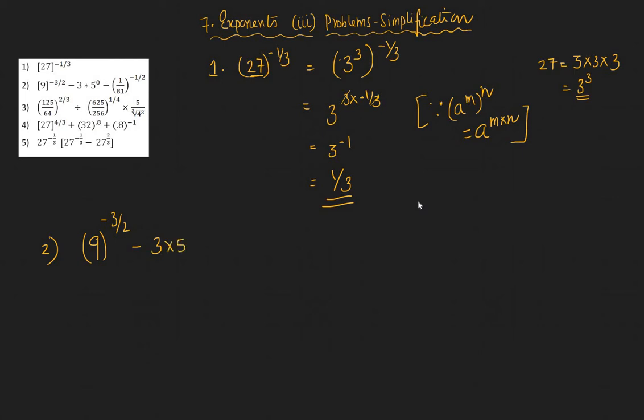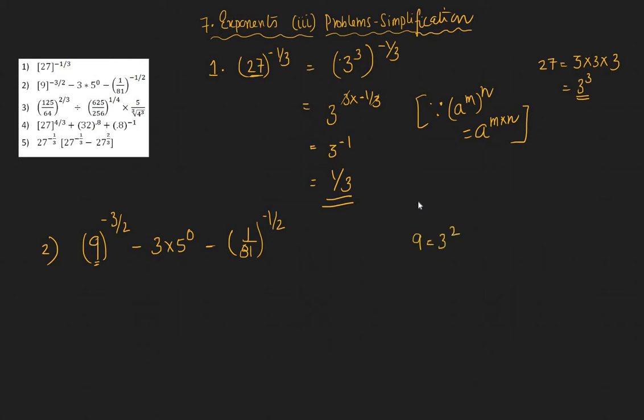So this is 3 into 5 power 0 into 1 by 81 power minus 1 by 2. So before we solve this, let's look at each one of these. So 9 is nothing but 3 square.